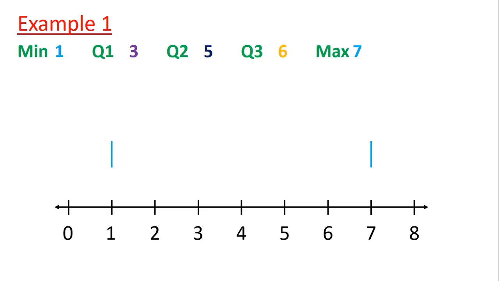Notice that the lines are parallel to each other. Then I look at quartile 1, and that's 3, and so I draw a vertical line just above the 3. Quartile 2 is 5, and I draw a vertical line just above the 5. And lastly, quartile 3 is 6, and I draw a vertical line above the 6.